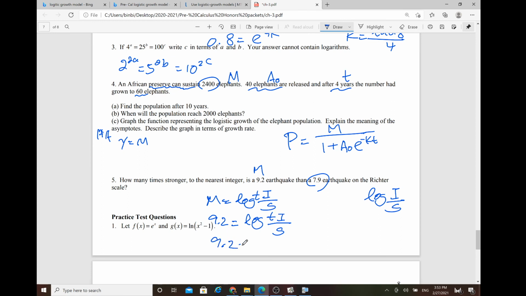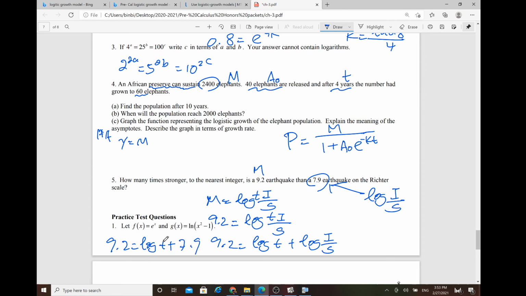So 9.2 equals log of t plus log of I over S. Again, log of I over S is 7.9. Plugging in the numbers, we got 9.2 equals log of t plus 7.9.